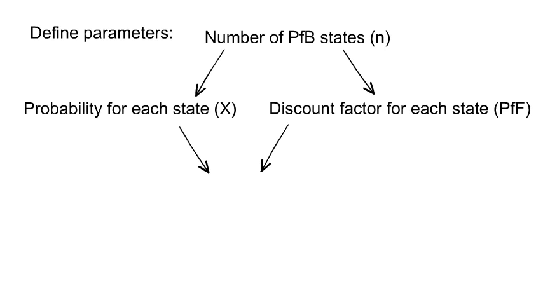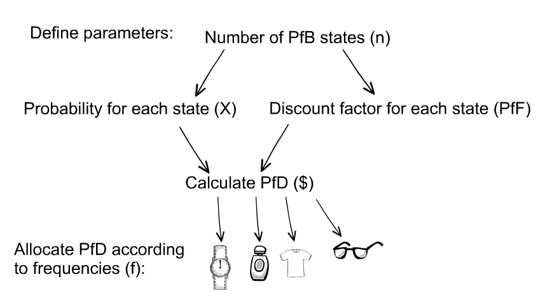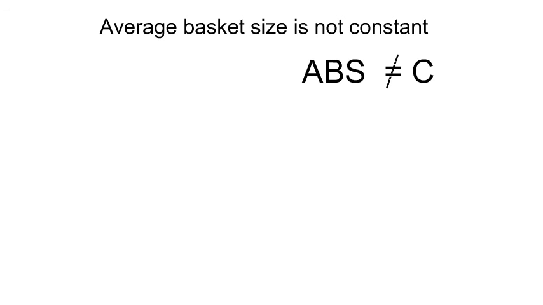After PFD has been calculated, given defined probabilities and discounts for particular basket payment states, PFD can then be allocated in a number of ways according to frequencies of goods or services in the basket. An example will be shown in further videos. It is important to point out that the average basket size is not a static parameter.